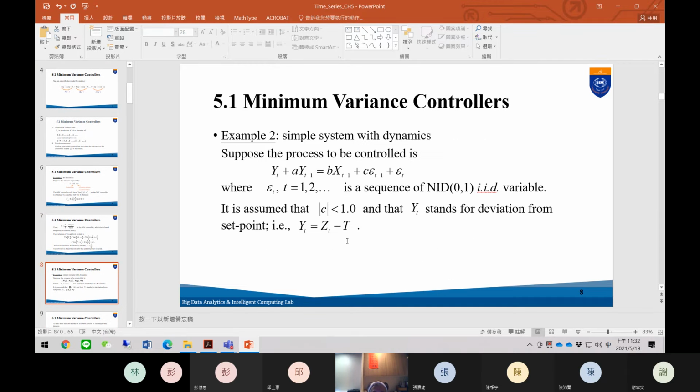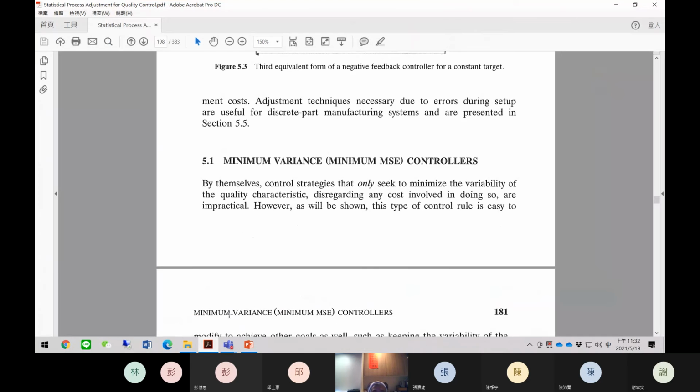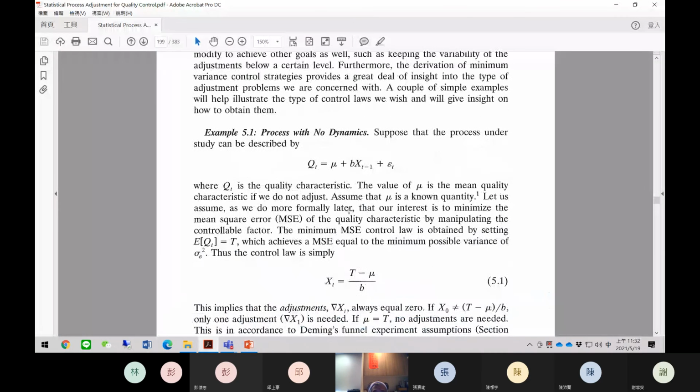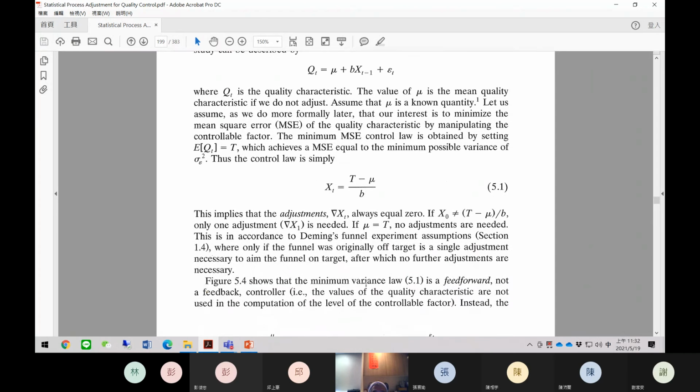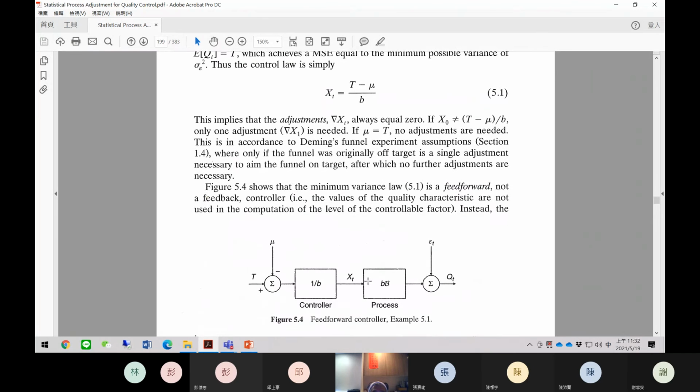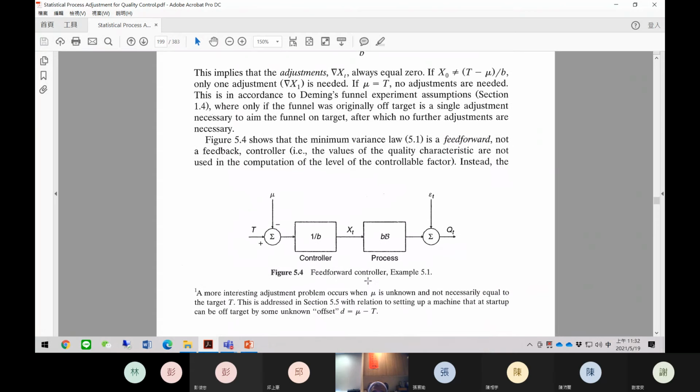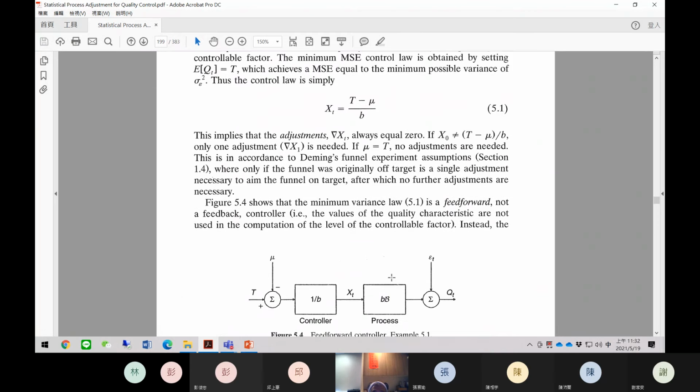So example number 2. We had example number 1 right here. This is a feedback controller, example 5.1.